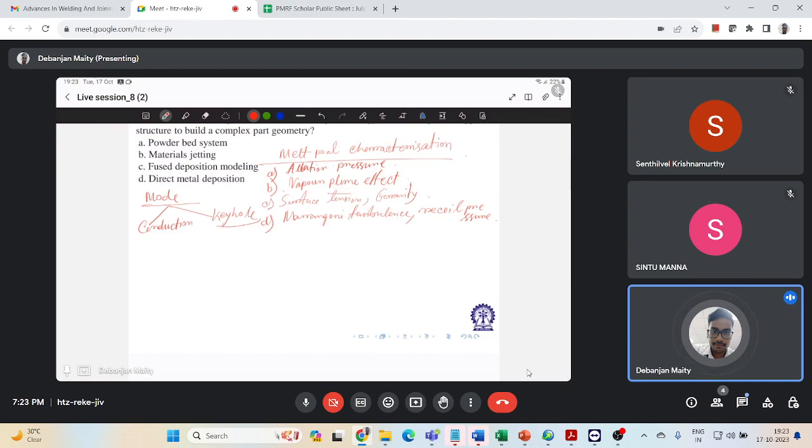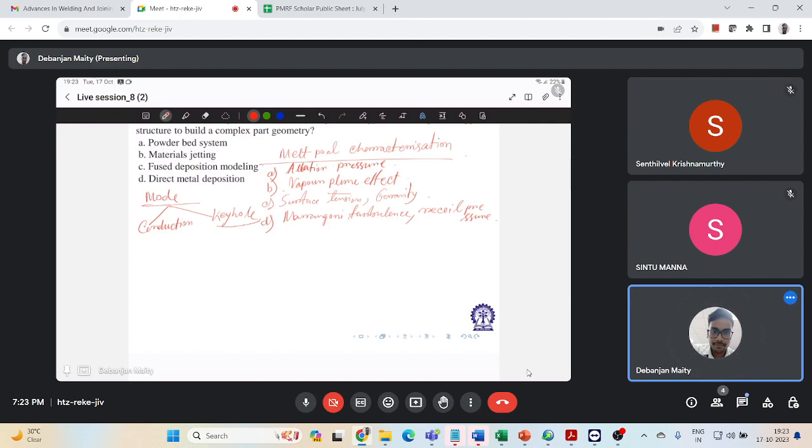And then furthermore, this recoil pressure that is generated by the evaporation in the keyhole also generates a vapor jet in subsequent fluid flow in the keyhole and molten pool, right? So those flow behaviors happen in a molten pool, the same for laser welding and the same for additive manufacturing.